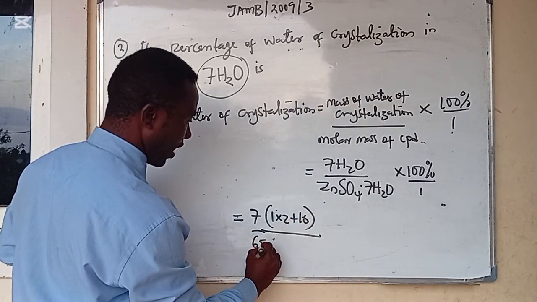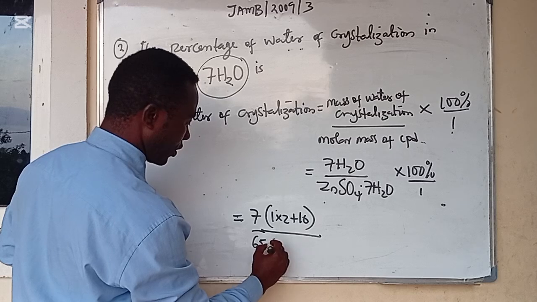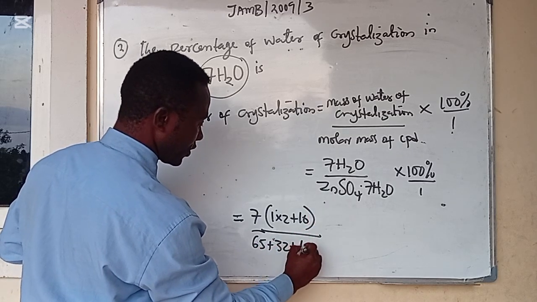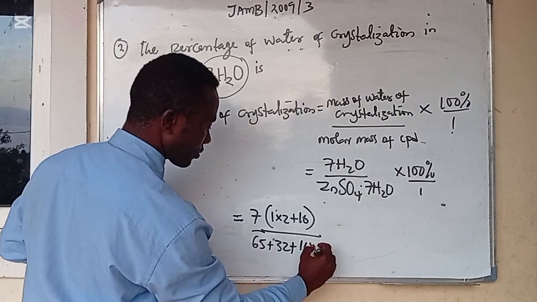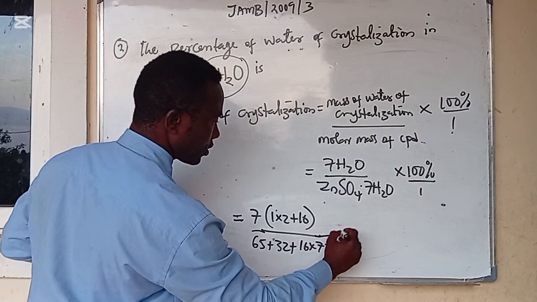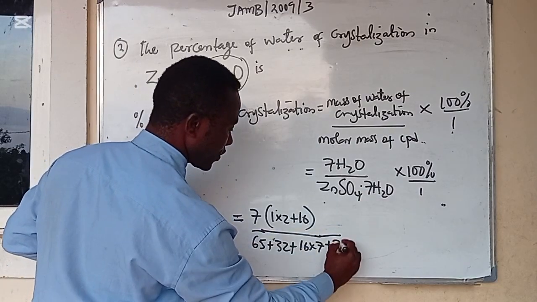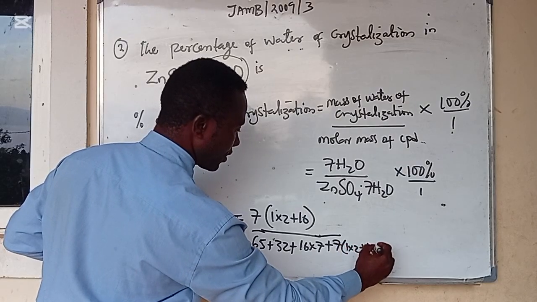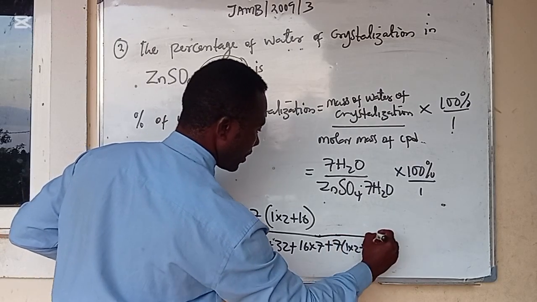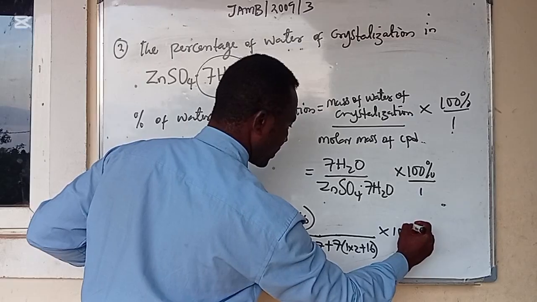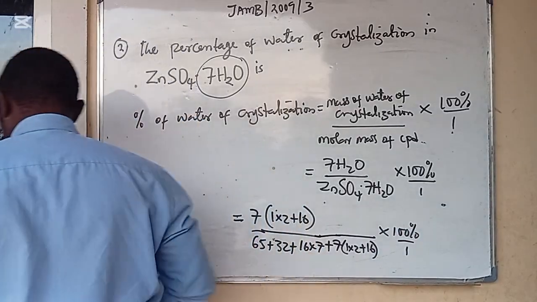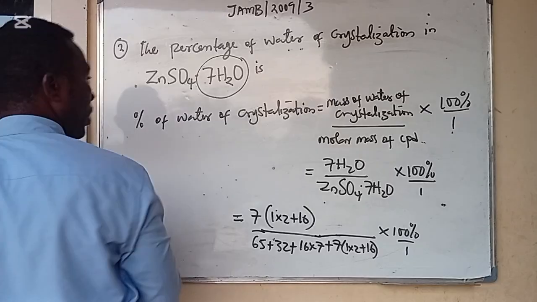Remember, zinc is 65, plus sulfur 32, plus oxygen 16 times 4, then plus 7 into 1 times 2 plus 16, then everything times 100% over 1.